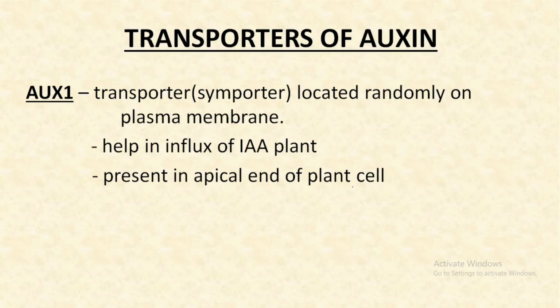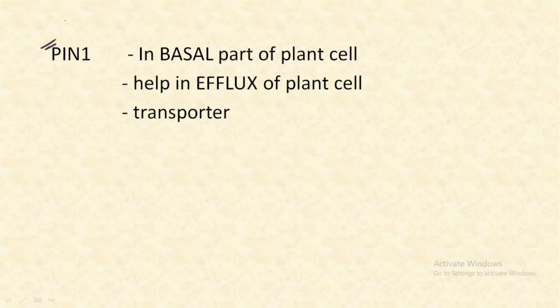Let's move forward and understand the transporters. We have understood how auxin is produced and how it is transported. Now we'll understand by the help of what it is transported. It is transported with the help of two main transporters, that is AUX1 and PIN1.